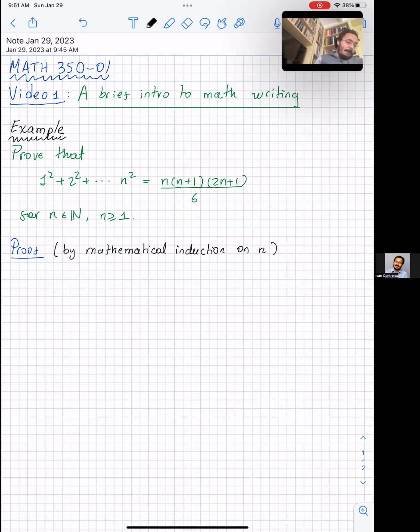In my way of thinking, induction looks like a train that has some wagons, and those wagons are connected to each other. The first wagon is what I would call the base case.